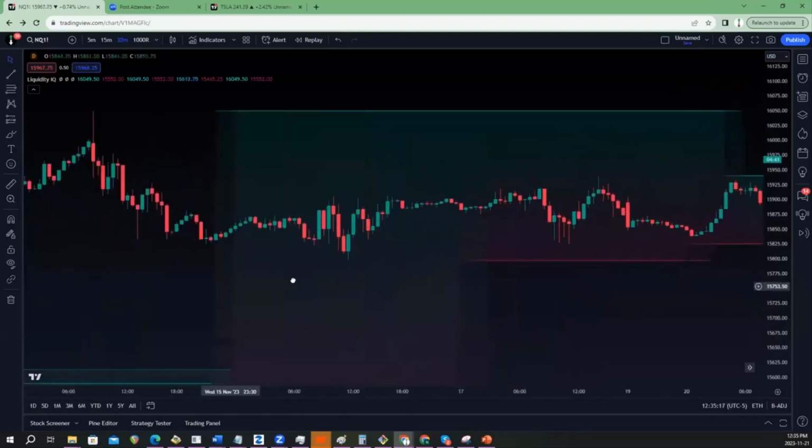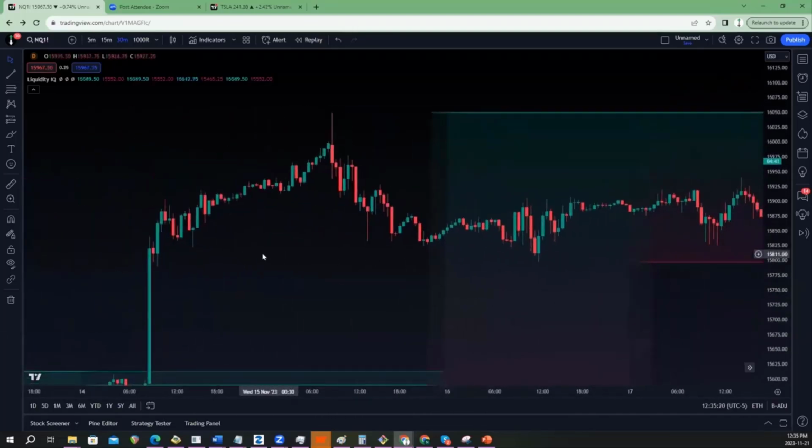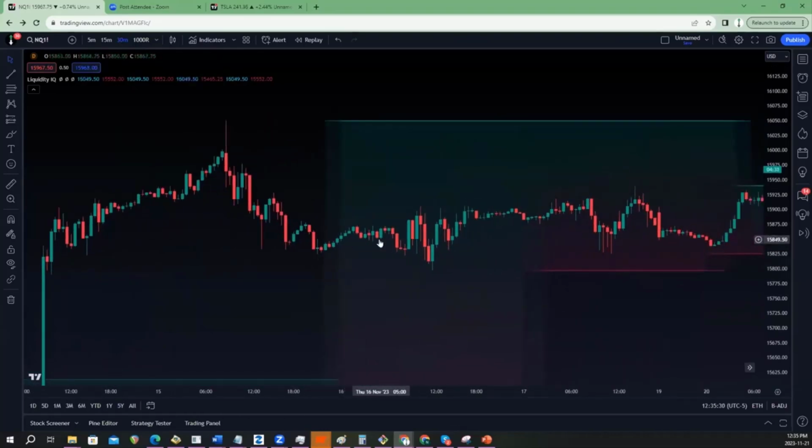And a good example of that is, let's say, right here. So let's say this level right here is support, or you're considering this support, and you are hoping on a long trade that price isn't going to lose that support. Well, look what happened here. In this little volatile region, price came down, broke beneath the support, but it didn't really lose it. It's still at the 15,800 range.